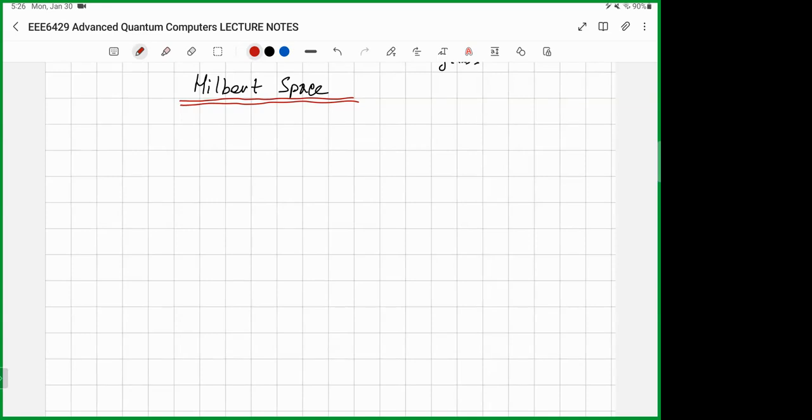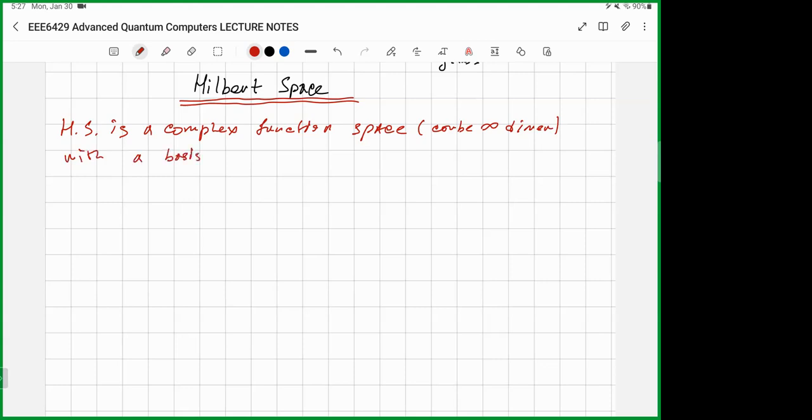of Hilbert space, but for our purpose, it is sufficient to say that Hilbert space is a complex function space, with, by the way, this space can be of infinite dimensions, with some basis, let's denote it by psi n.